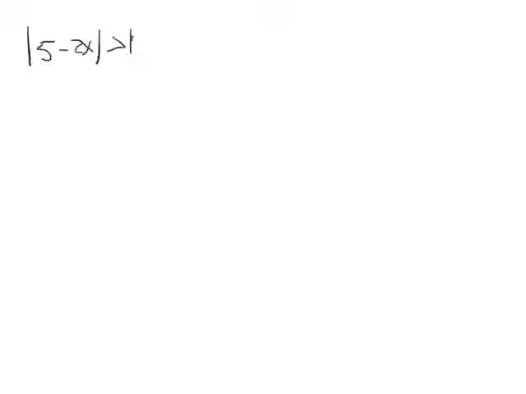So this next one, we have a disjunction. So we're going to write it as two separate inequalities here. 5 - 2x is less than or equal to -1, and 5 - 2x is greater than or equal to 1.